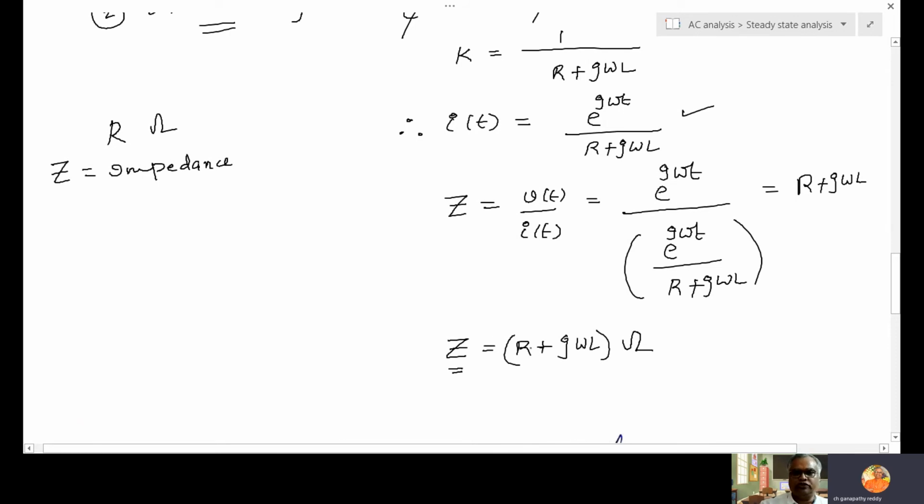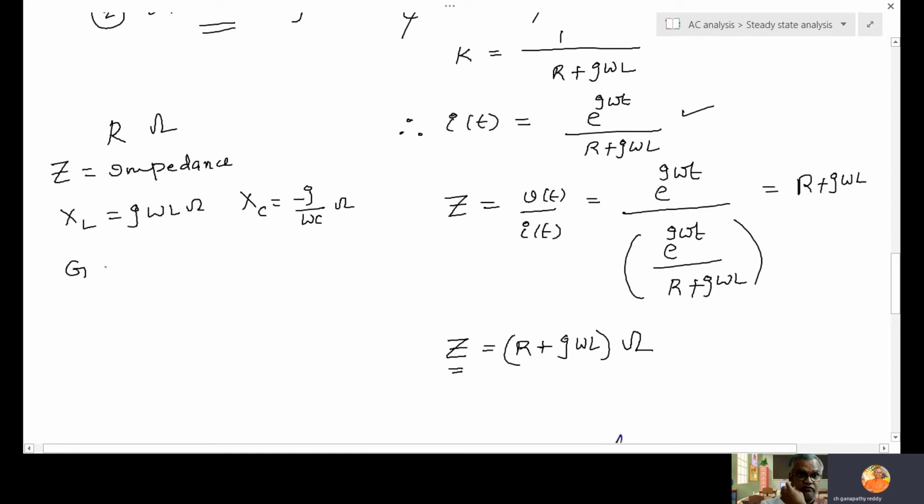When resistance units are ohms, then obviously impedance units must also be ohms. Then inductive reactance XL is j omega L ohms. Capacitive reactance XC is minus j by omega C ohms.